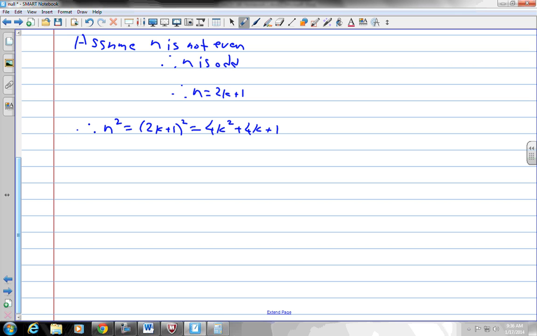Remember that formula? You should. Yeah, we spent a lot of time on that. Or you can just FOIL 2k plus 1 times 2k plus 1. Out of the first two, I can pull out a 2: 2 times 2k squared plus 2k, plus 1. So if this is some m, this is 2m plus 1, therefore n squared is odd.